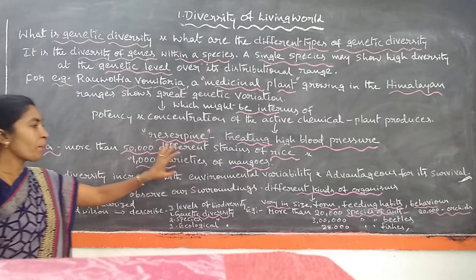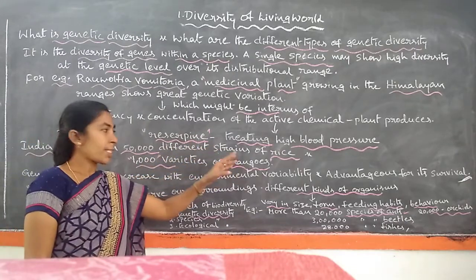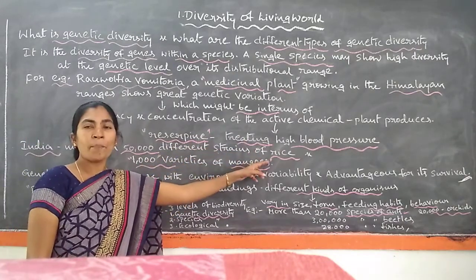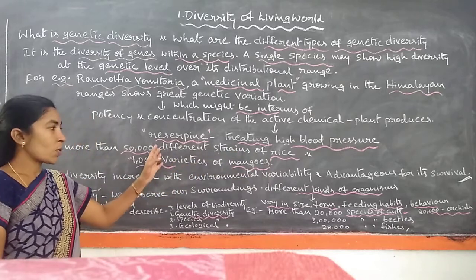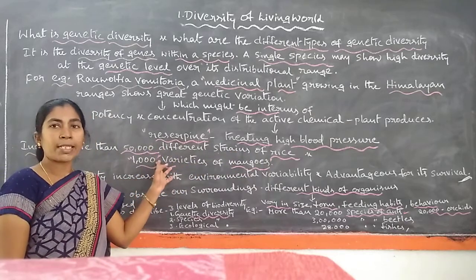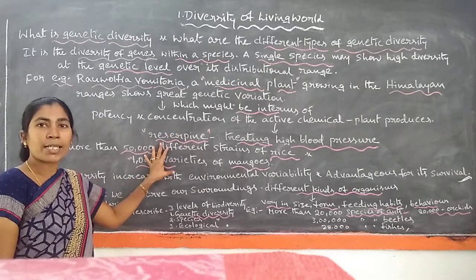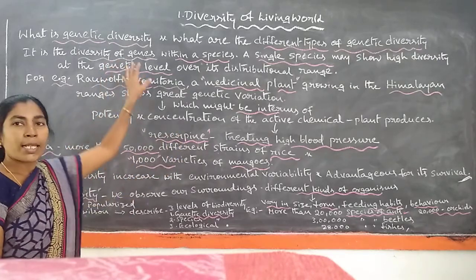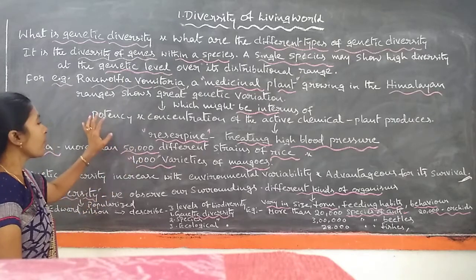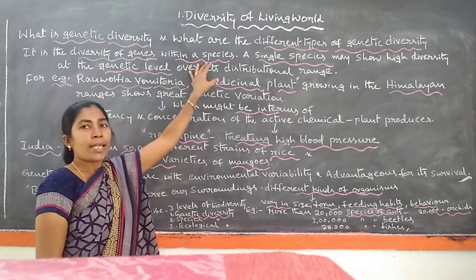So even within one species, mango or rice, there are different varieties. This variation at the genetic level is called genetic diversity.